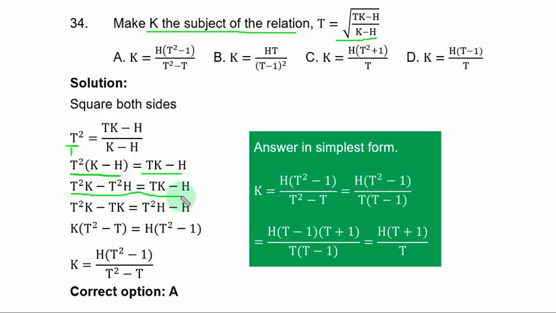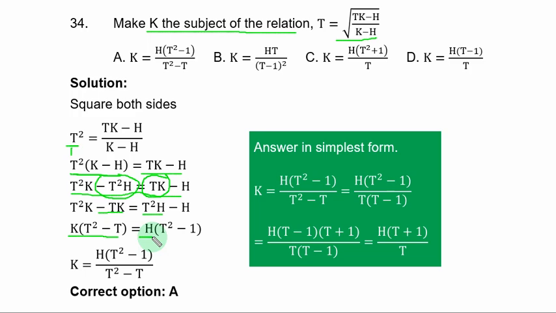We are interested in making K the subject, so let's transfer this term to the left hand side. It becomes minus. If you transfer this term to the right hand side, it becomes plus. From the left hand side, you can factor out K, and you have K(T squared minus T) equal to the right hand side.